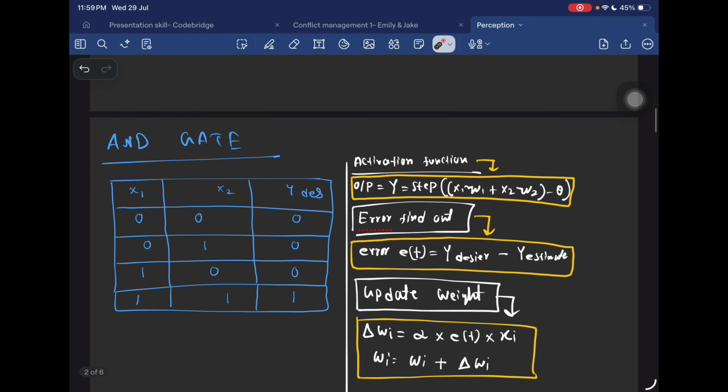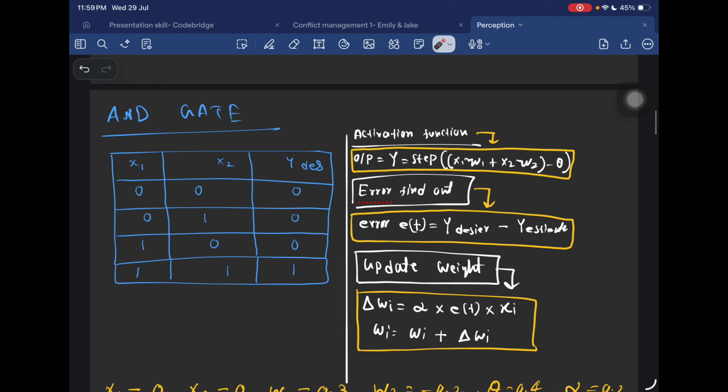In the AND gate question, the truth table is 0 0 with desired output 0, 0 1 with 0, 1 0 with 0, and 1 1 with 1.